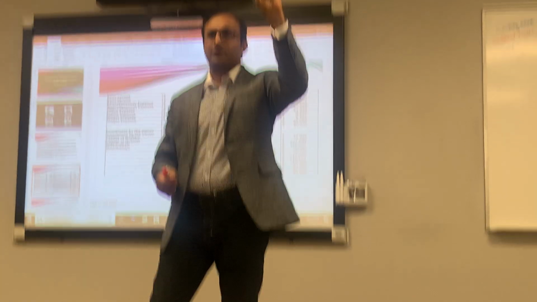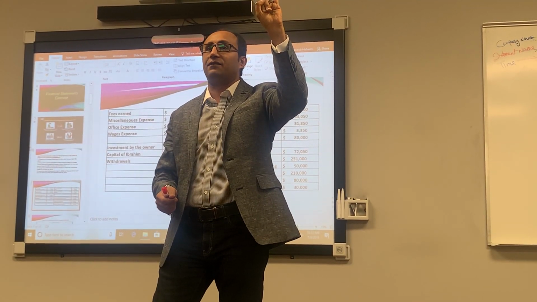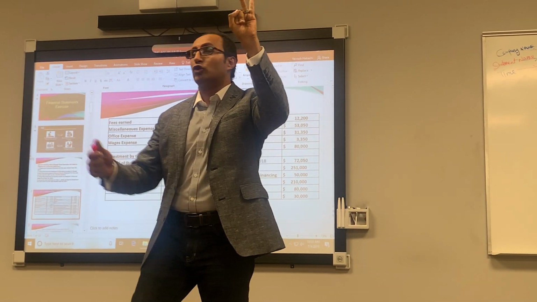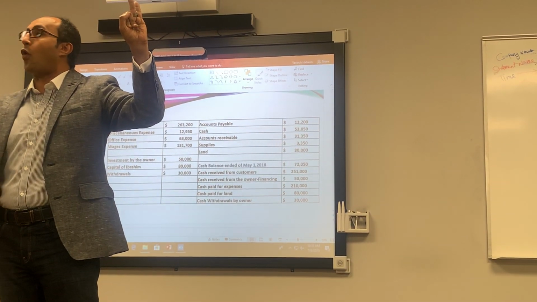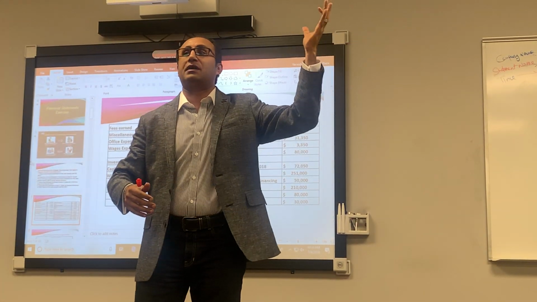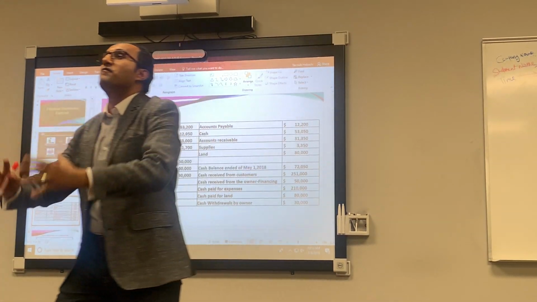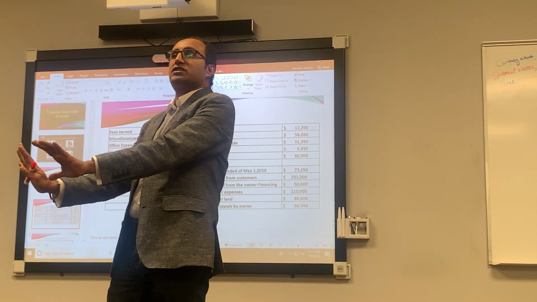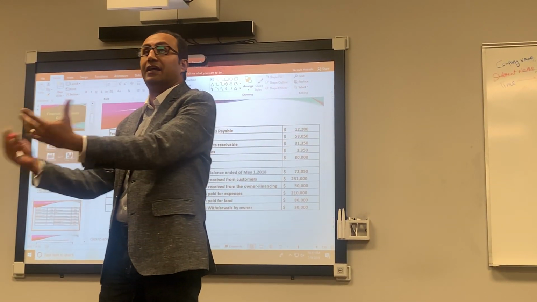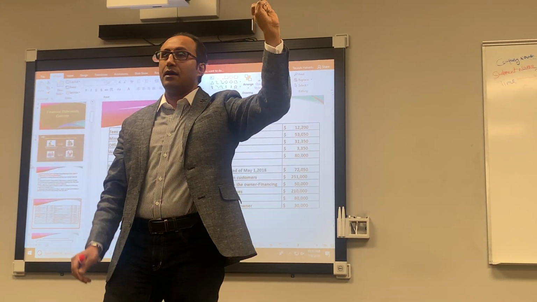Second section, investment activities. Investment activities are like buying long-term assets like land or a building or a gym, and then reselling them again, or keeping them to use for a long time, like land. This is investment activities.